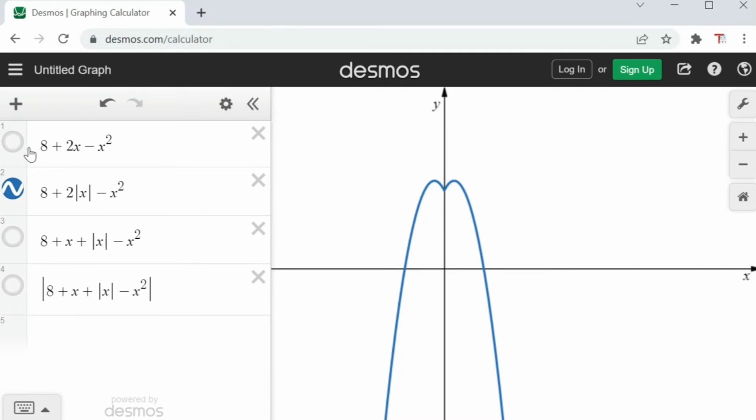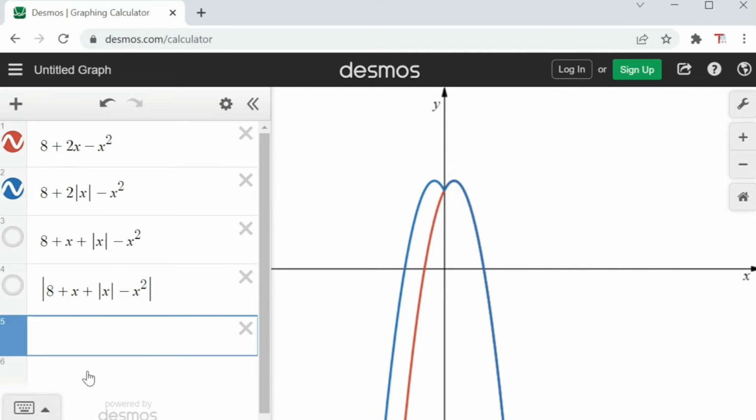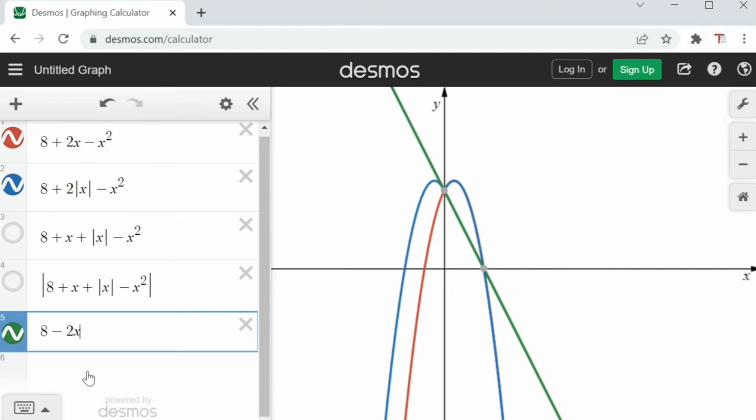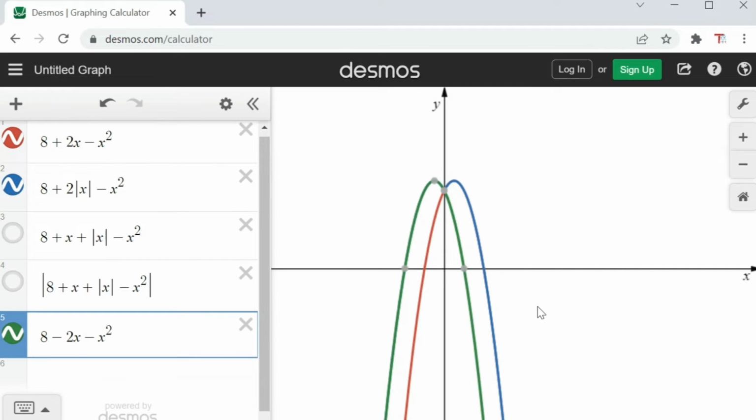Now, if I show the original graph without the mod symbol, you can see how we've got the graph shown in red. But what happens if I was to continue with this graph in the positive x direction? What quadratic would I have? Well, in that case, I would have the quadratic 8 plus, rather, minus 2x minus x squared.